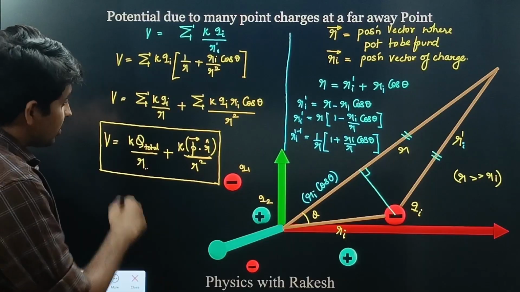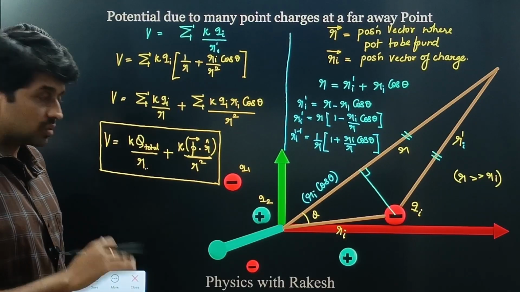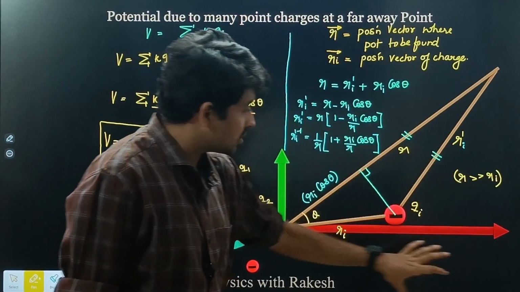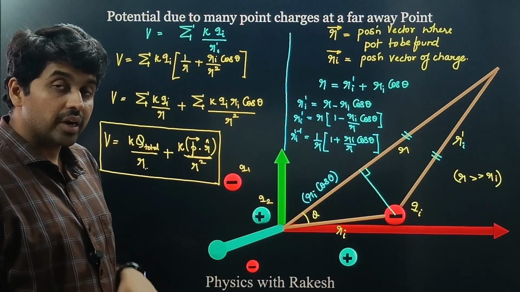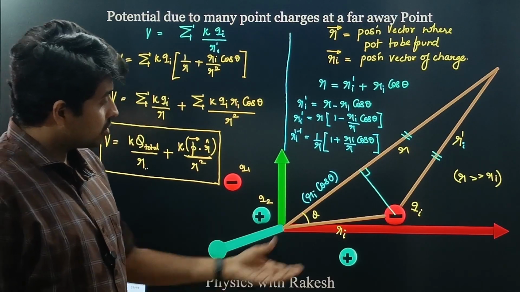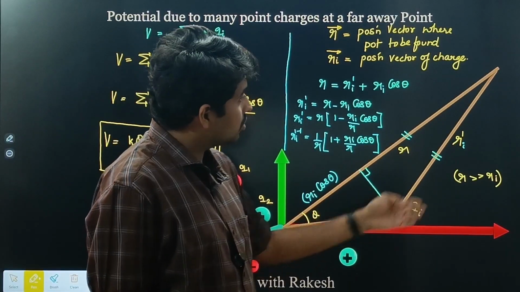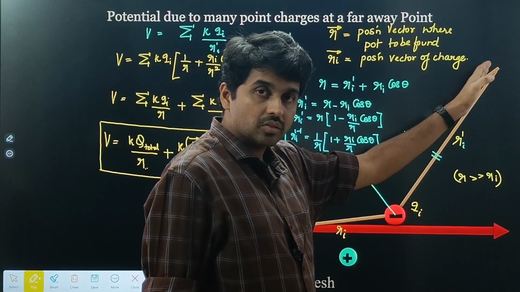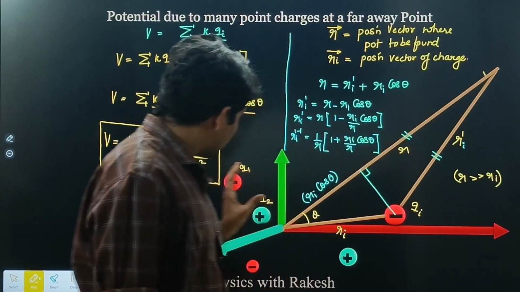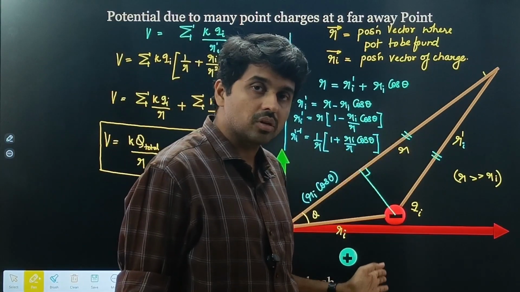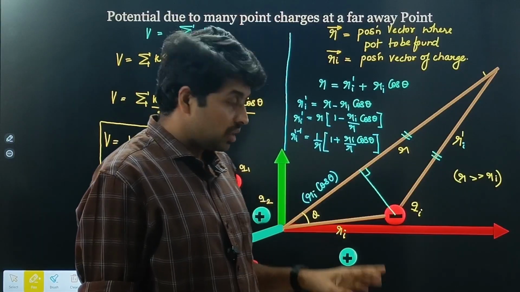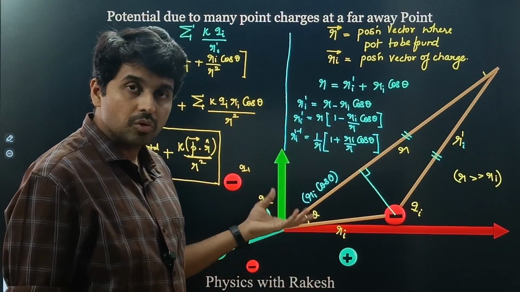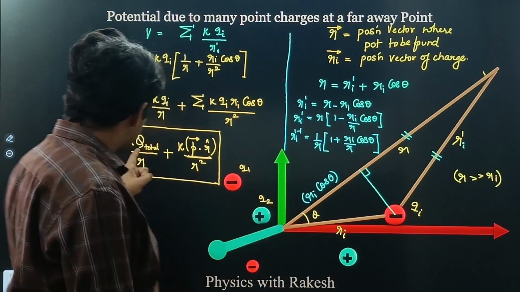If suppose there were only dipoles, suppose there are many dipoles placed at different points, and you had to find the potential, what will you do? You will take one dipole, from that dipole you'll see the distance, and you'll find the potential there. From the second dipole you'll find the potential there, and so on and so forth. Rather, if you know that there are many scattered dipoles, the first term will become what?